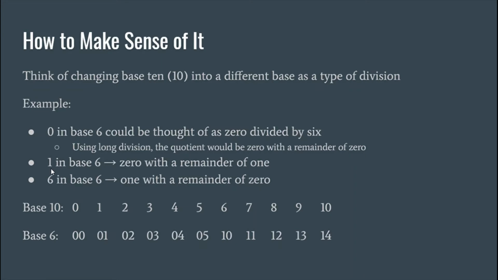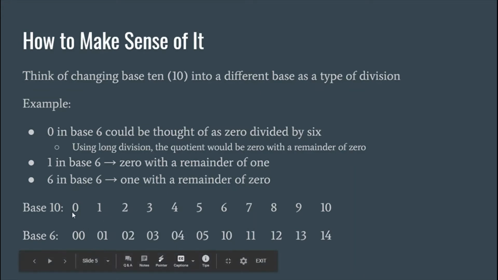Similarly, changing 1 into base 6, you would do 1 divided by 6. So 6 goes into 1 0 times, and you'd have a remainder of 1. Now 6 in base 6 would be 6 divided by 6, and 6 can go into 6 one time, and you would have a remainder of 0. So that's where that 1, 0 comes from.